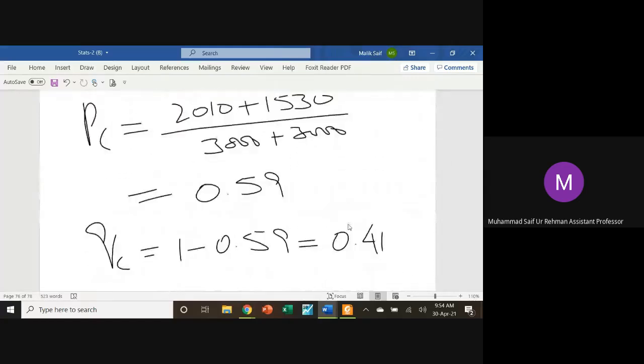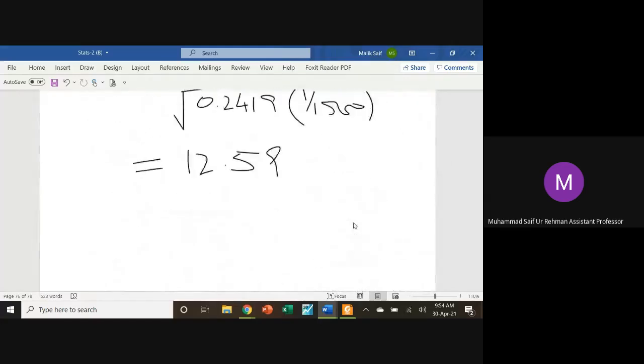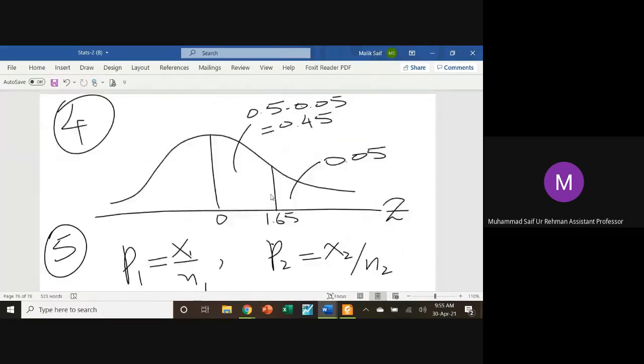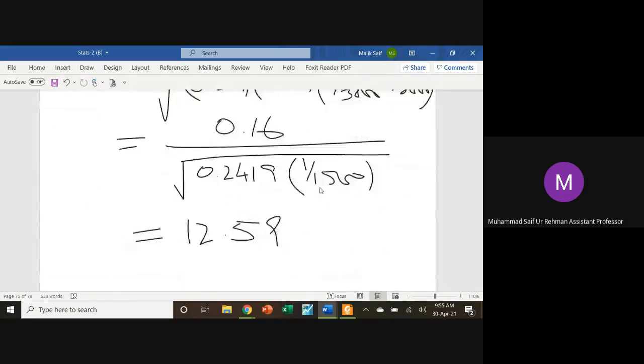So now you have to see that 12.59 will be to which side of the distribution? Yes, right side, and it is larger than this value, so it will be in the rejection region. So what will you say? You will say that as the calculated value is greater than the critical value, therefore we reject H naught.